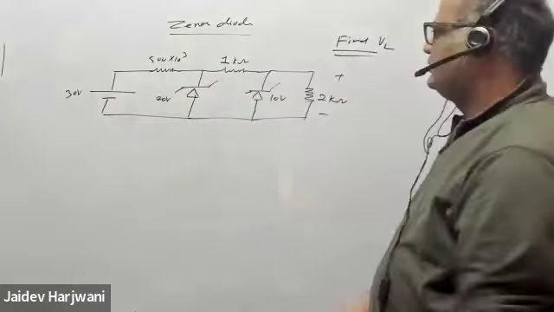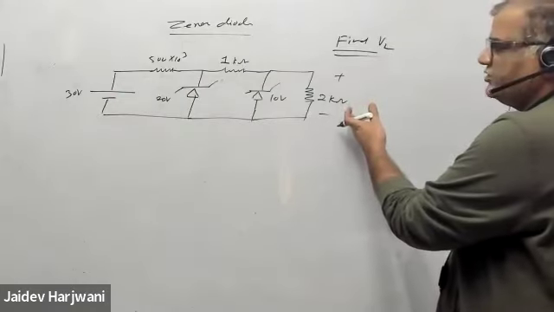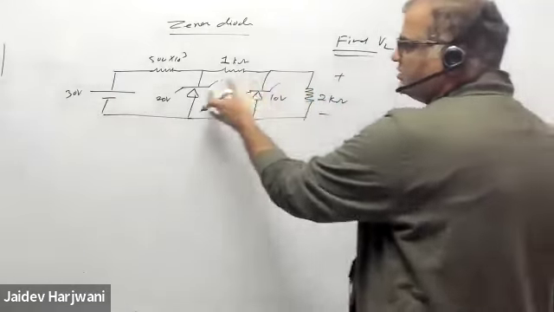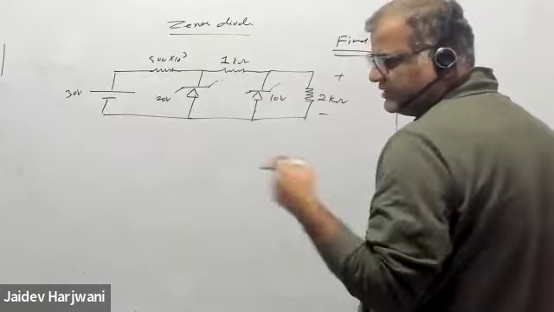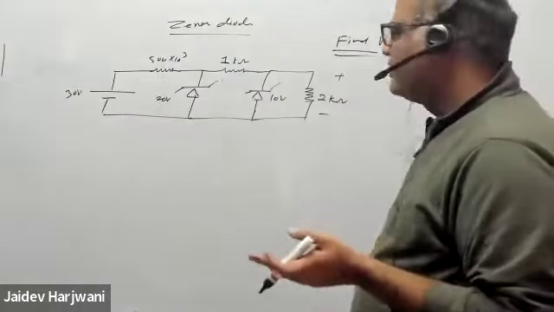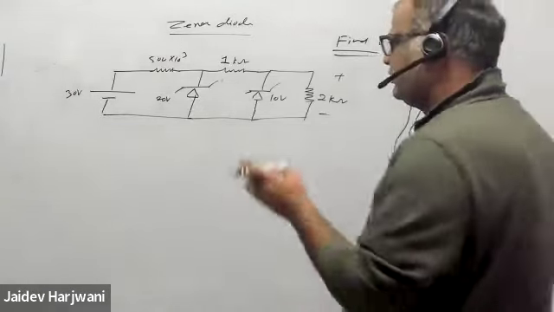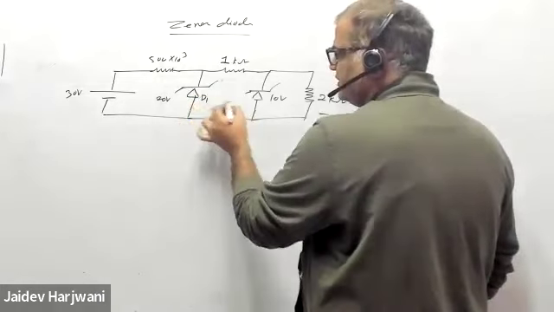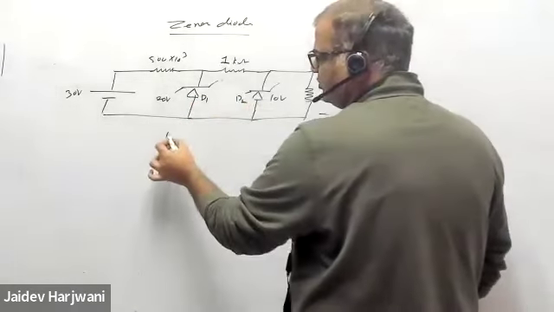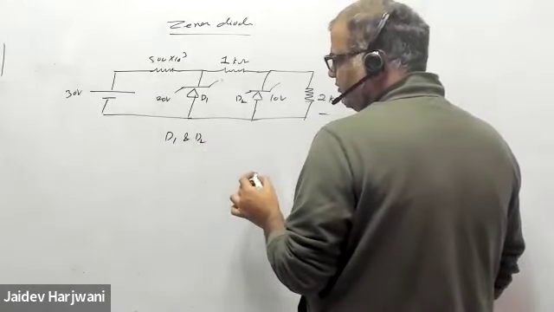So now suppose I want to tell what is the voltage here. For that I should know whether this is on or not. Whenever there are 2 diodes, you have to find which diode is on. Okay, so you have a total of 4 cases. Say this diode D1, this diode D2. D1 and D2 both can be on.